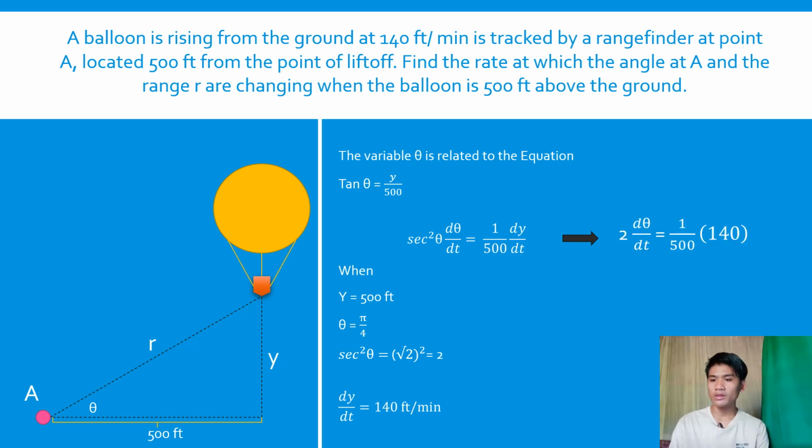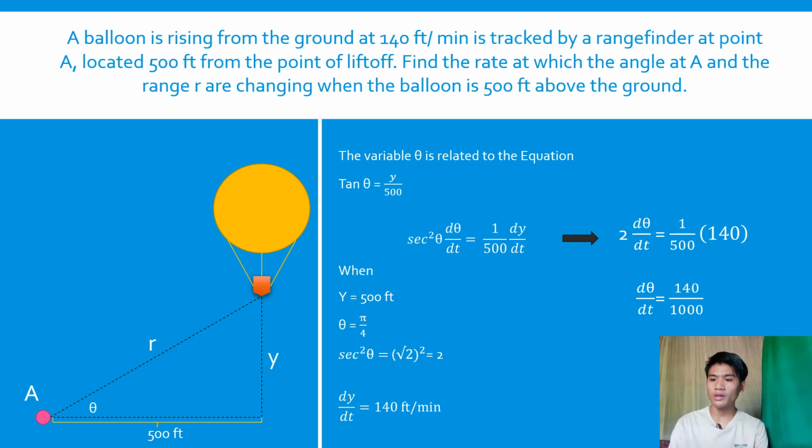So we came up with 2, since secant squared theta is equal to 2. So 2 multiplied by d theta over dt is equal to 1 all over 500 multiplied by 140, the value of our dy over dt, and we just simplify.